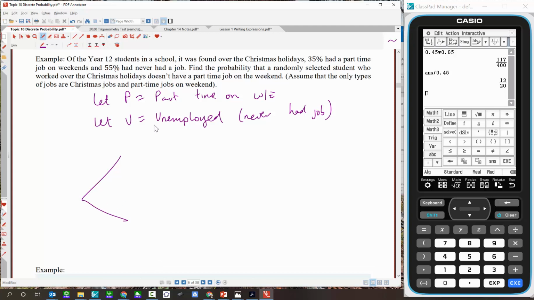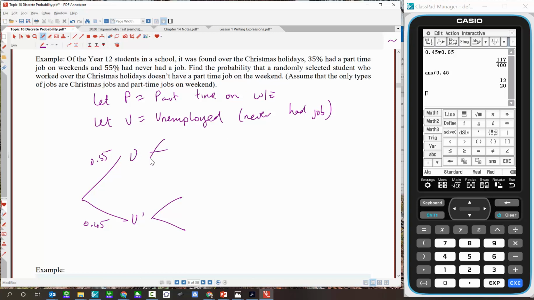Find the probability that a randomly selected student who worked over the Christmas holiday, so we know this, we know that they worked, so they were not unemployed. So unemployed is 55%, never had a job, so that means this is 0.45, and doesn't have a part-time job on the weekend. So if you're unemployed, this branch does not even continue.